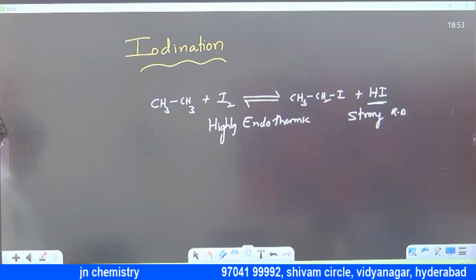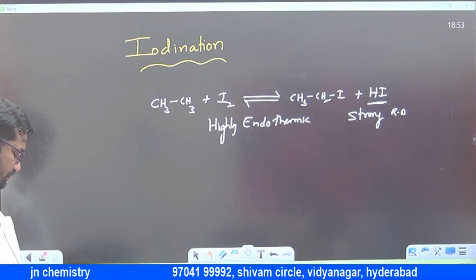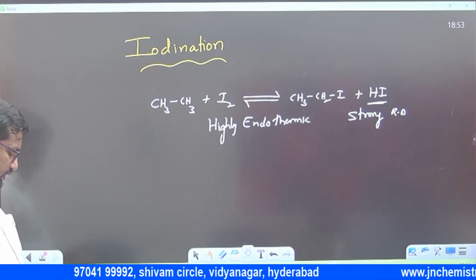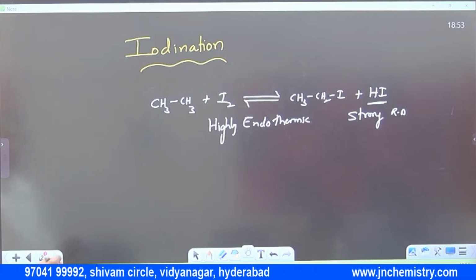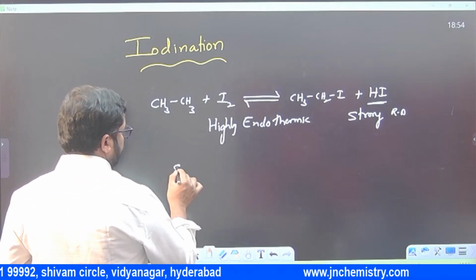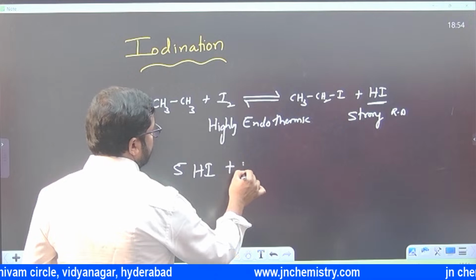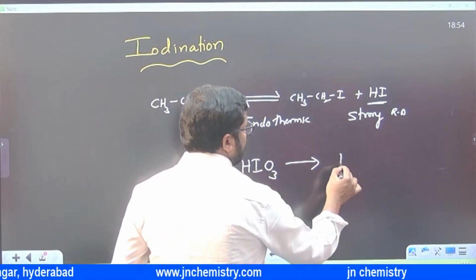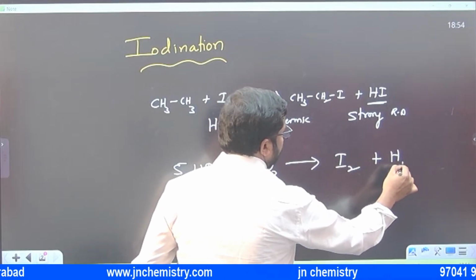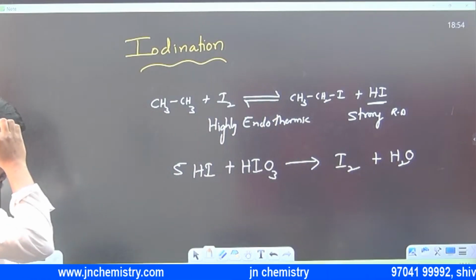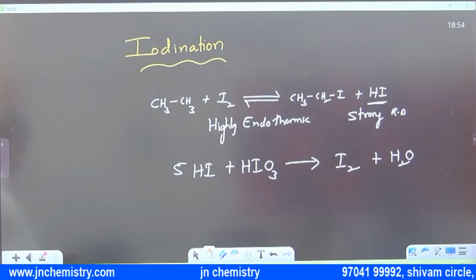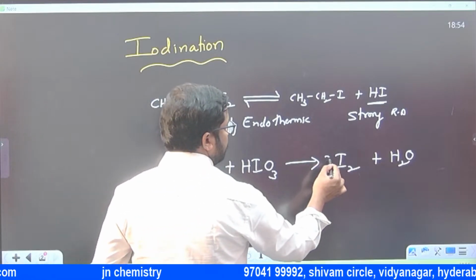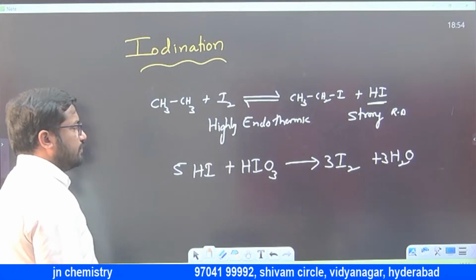So HI, with HIO3 in presence, gives I2 plus H2O. 3 I2, 3 H2O.